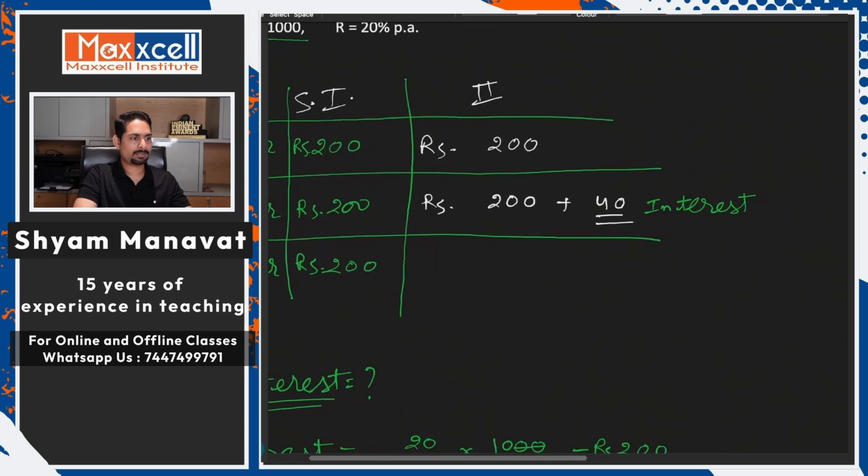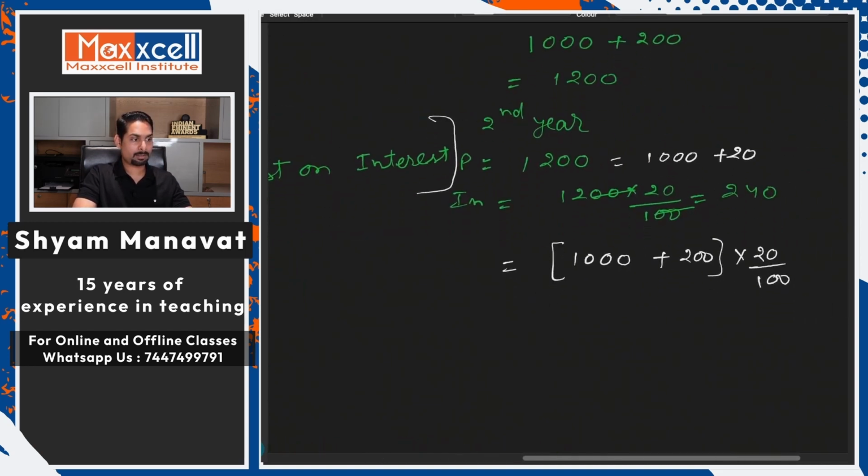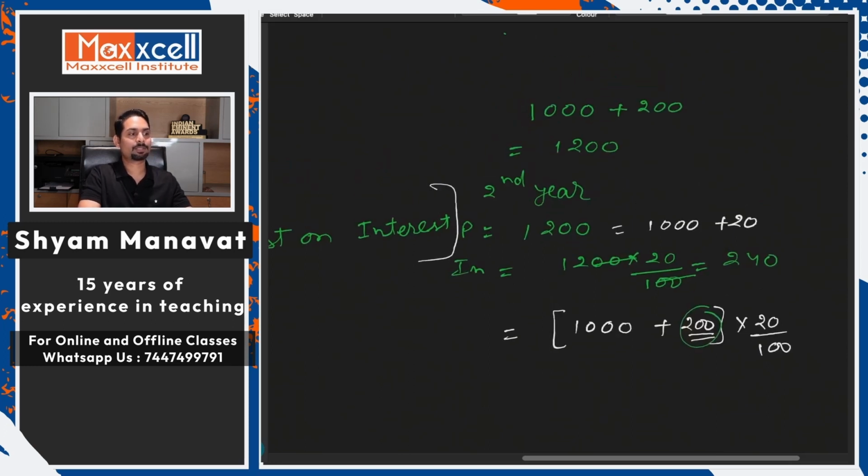Yes, this 40 is nothing but interest on interest. How come we got extra 40? We have applied 20% on this 200. What is this 200? 200 is nothing but the interest which is generated from the first year, right?